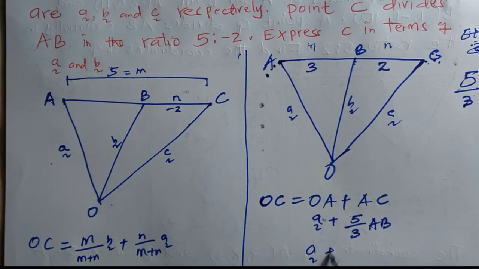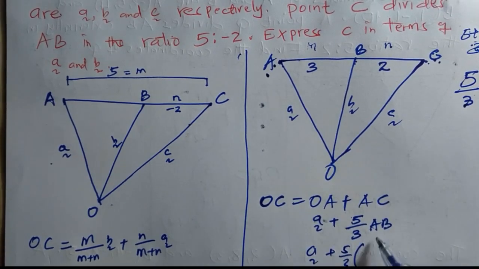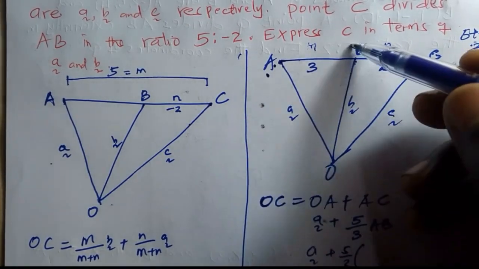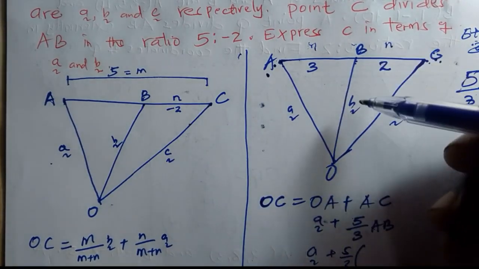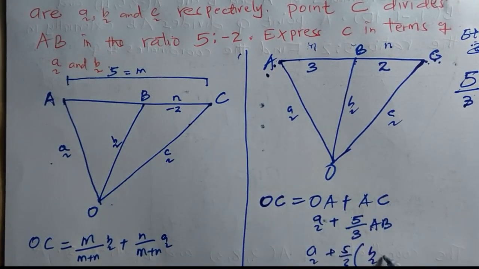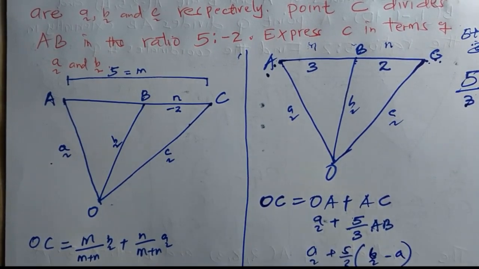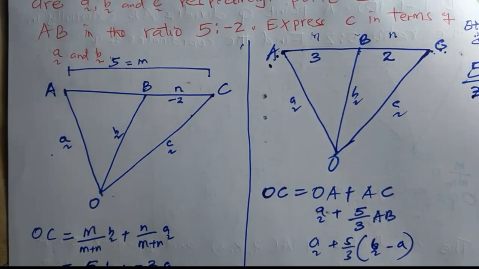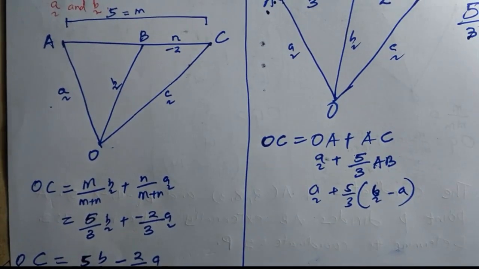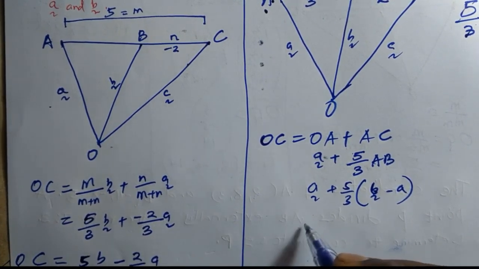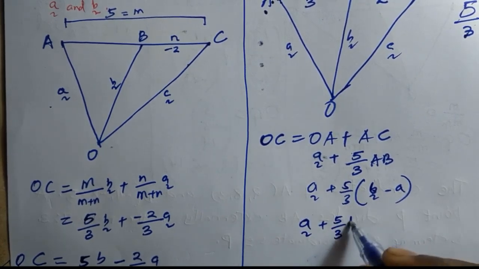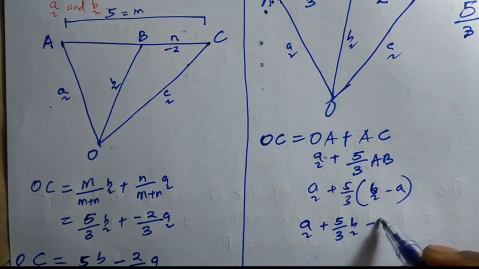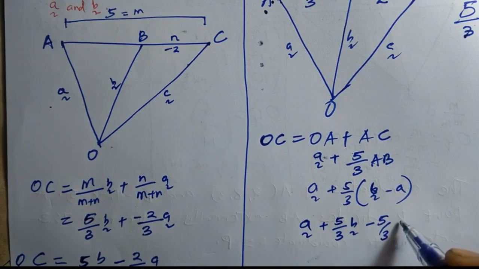Now a plus 5 over 3, you need to get AB. How do you get AB? AB is equal to AO plus OB, which is b minus a. So a plus 5 over 3 b minus 5 over 3 a.